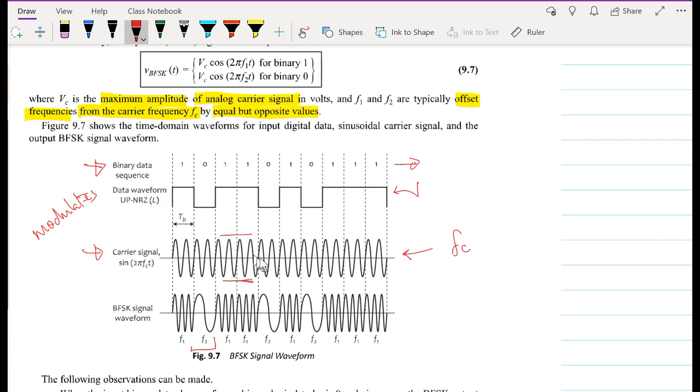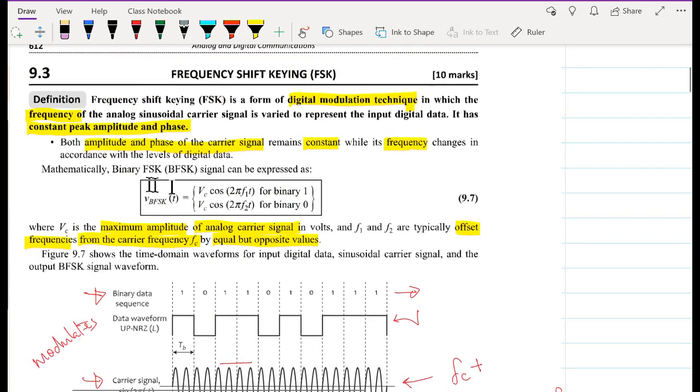So we normally say that FC is offset by some value, such that at the end of the day F1 is equal to FC plus the frequency offset delta F, and F2, the lower one, is equal to FC minus delta F, where delta F is the offset frequency.